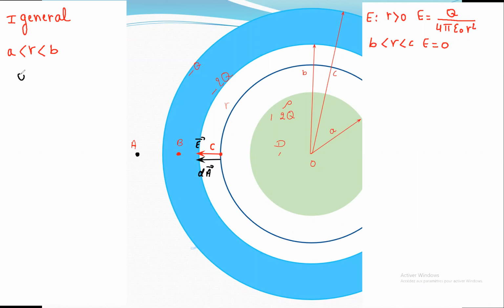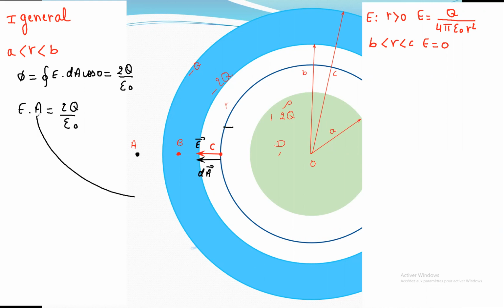So we have the same direction of E and dA. We can say phi equals E dA, E times dA cosine 0 equals Qn. Qn inside the Gaussian, this one is the Gaussian surface. Inside we have only 2Q. E is constant, so EA equals 2Q over epsilon.